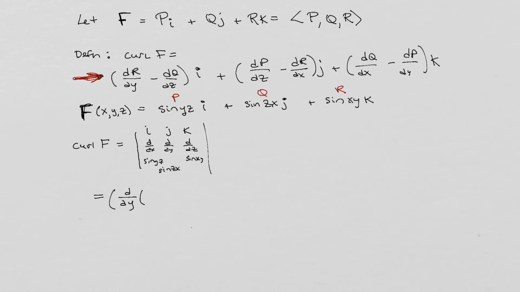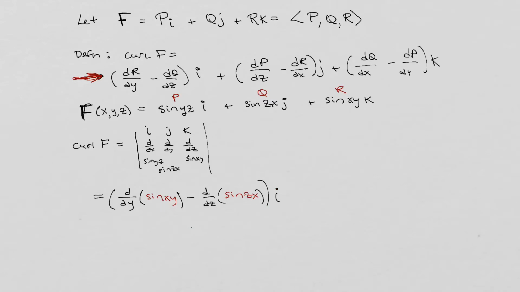So it's the derivative with respect to y of sine of xy, minus the derivative with respect to z of q, where q is sine of zx. All of that goes with component i.